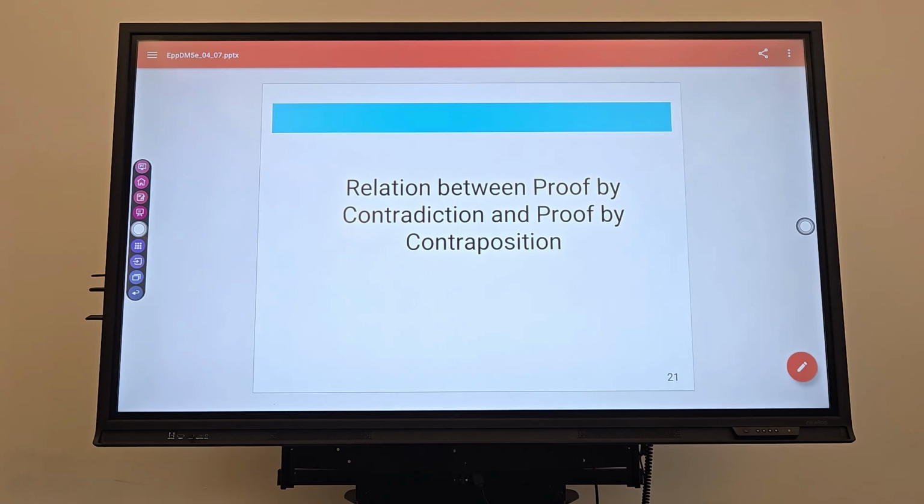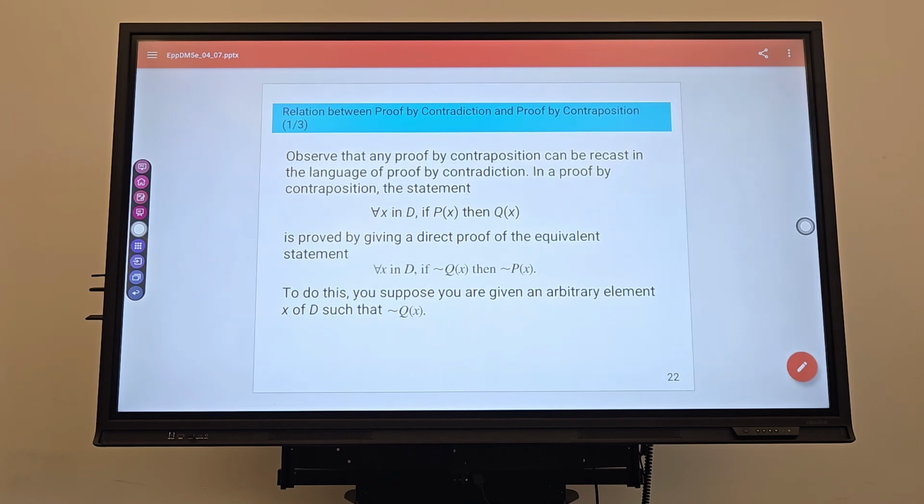Relation between proof by contradiction and proof by contraposition. Observe that any proof by contraposition can be recast in the language of proof by contradiction.